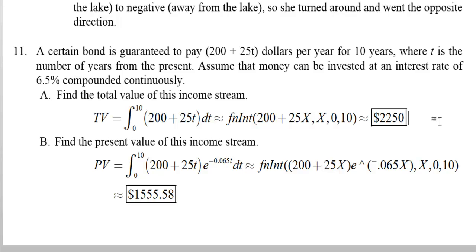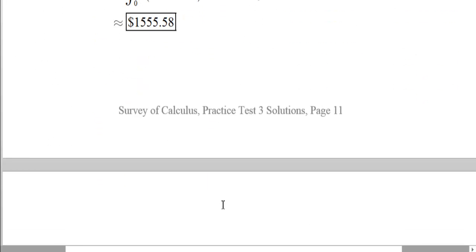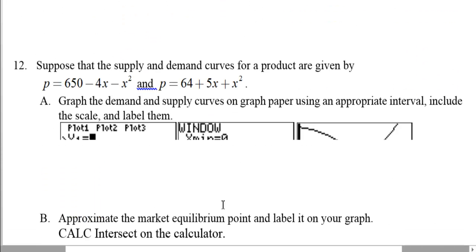And I would end up with the same amount at the end, higher than the $2,250. It would be that plus interest. That's called the present value of that stream.